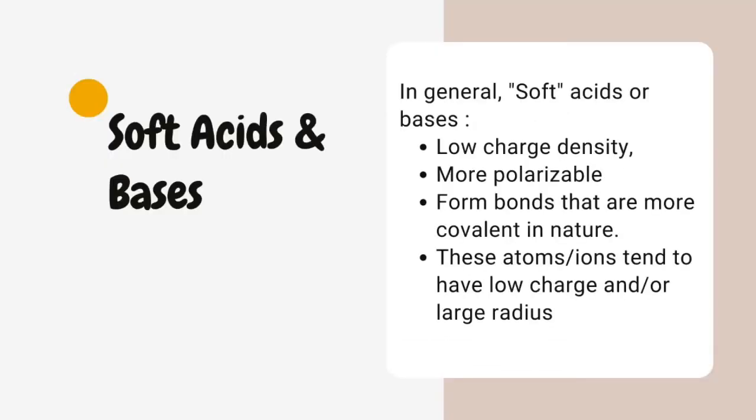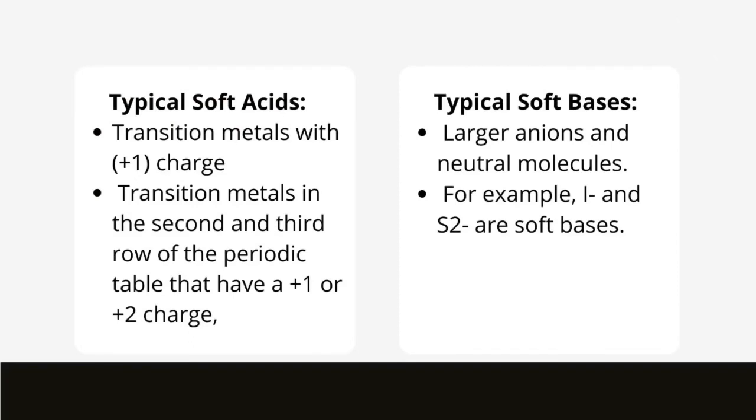And now we talk about soft acids and bases. In general, soft acids or bases have a low charge density, are more polarizable, and form bonds that are more covalent in nature. These atoms or ions tend to have low charge and/or large radius. And these are the typical differences between soft acids and soft bases.